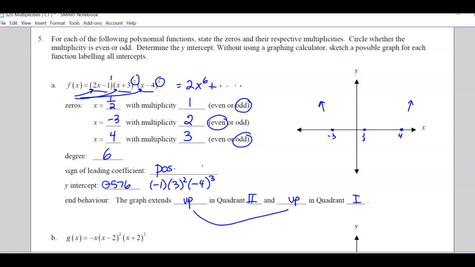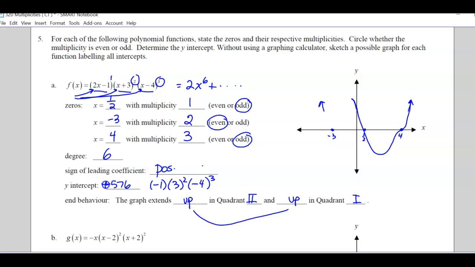So at 4, the multiplicity is 3. So you have to try your best to zigzag through. Then at 1/2, it goes straight through. And I obviously did the y-intercept should be positive. I missed the negative 1. Okay, so positive.